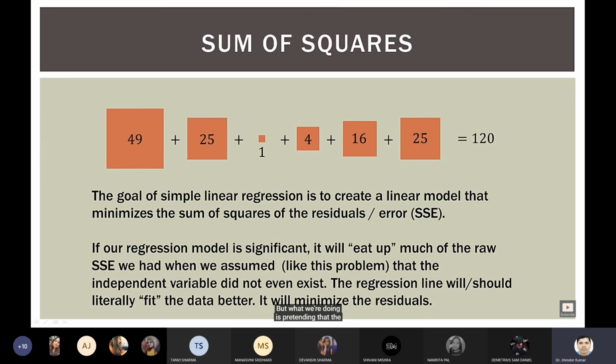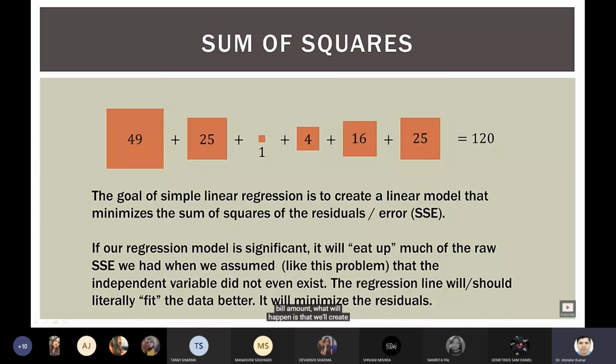But we're pretending that the bill amount doesn't even exist. We're only using the tip amount. So that creates a sum of squared residuals of 120. Now, when we introduce the independent variable of bill amount, that will create a different best fit line through our data.